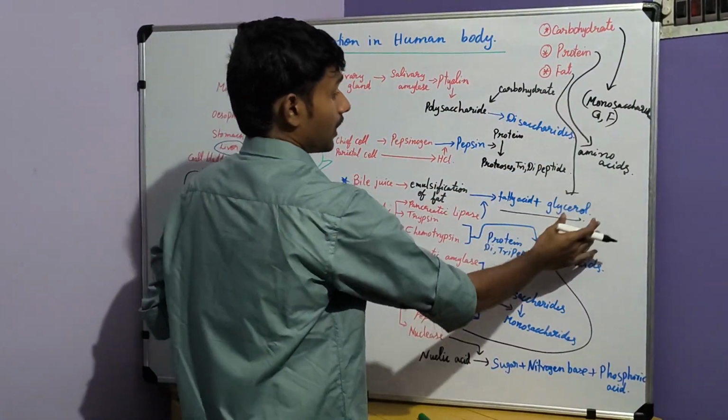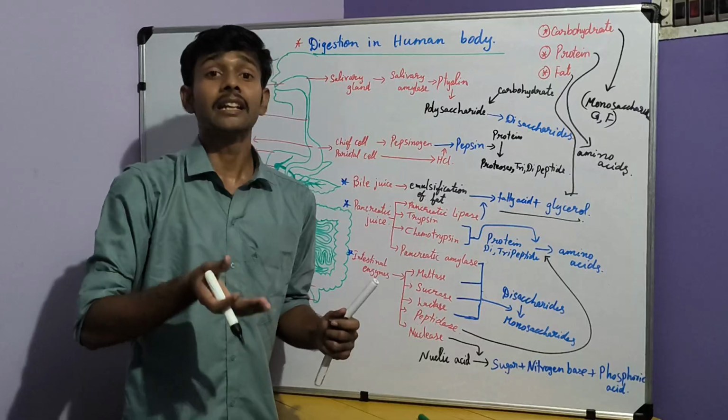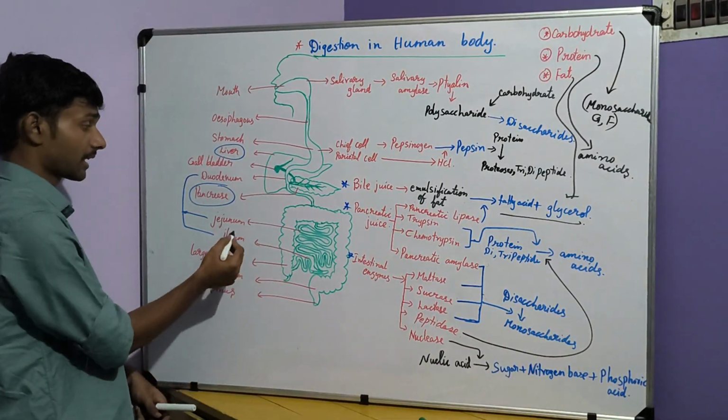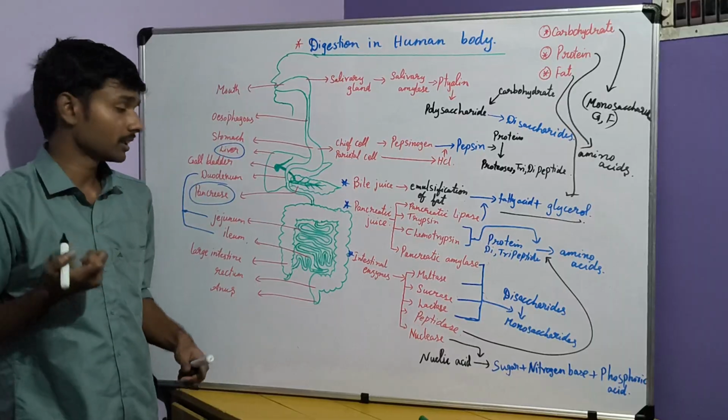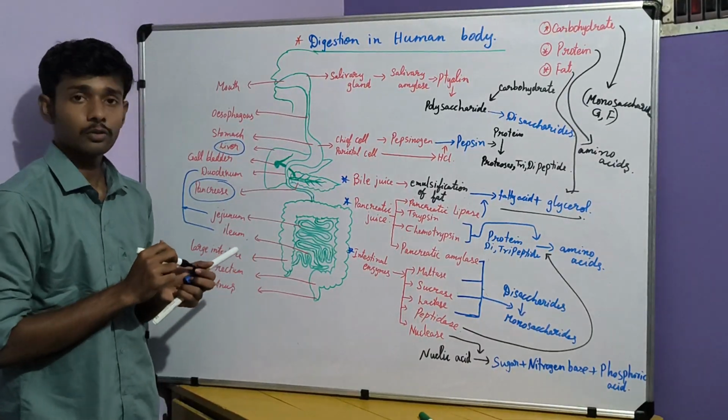These are the simplest forms, which can easily be absorbed in our small intestine. The jejunum and ileum are involved in the absorption of the simply broken down food matter.